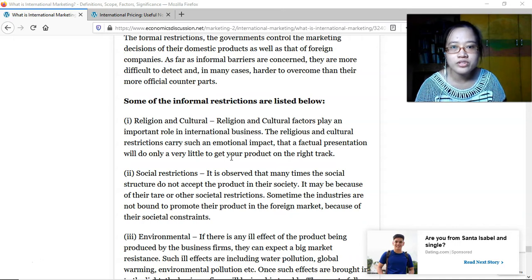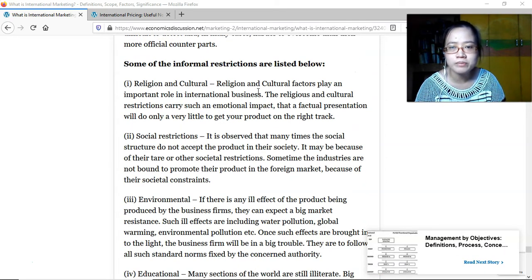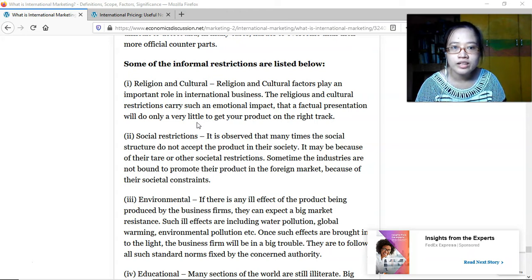Some of the informal restrictions: religion and culture could play a role in international business. With emotional impact, factual presentation will do very little to get your product on the right track.